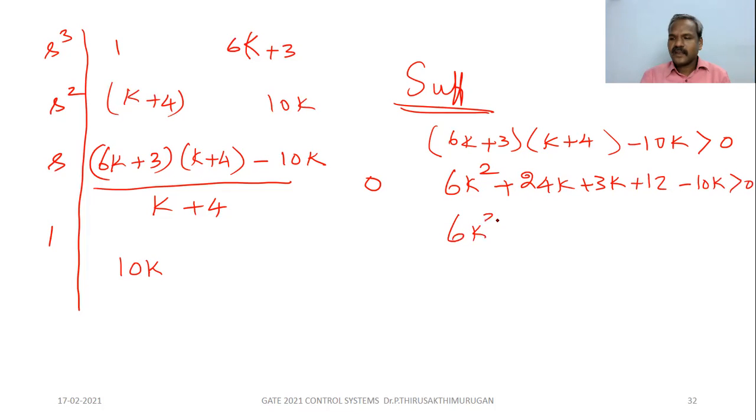So 6k square plus 24 minus 10k, 14k plus 3, 17k plus 12 greater than 0.